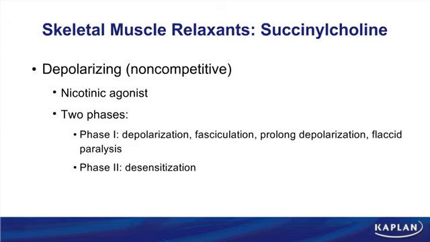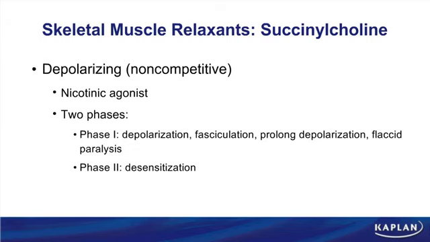Recognize that the non-depolarizing neuromuscular blockers all are simply blocking the alpha subunit. They're never going to activate the skeletal muscle and cause it to contract. But succinylcholine will cause an initial depolarization and muscle fasciculation. So when you give a skeletal muscle relaxant and the muscle contracts before it relaxes, we know that that was succinylcholine.